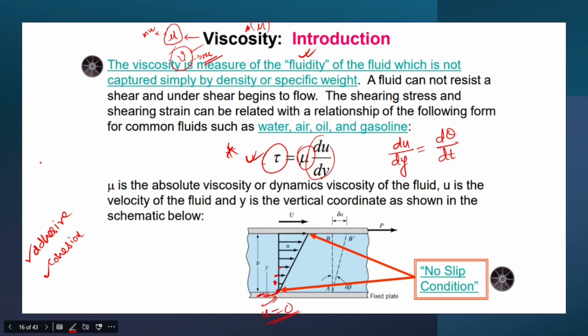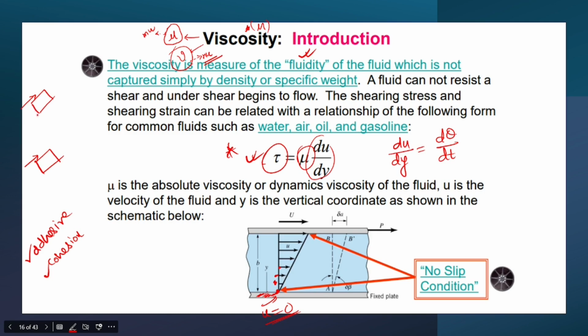I have already discussed what a fluid is. In a fluid, no matter how small your tangential or shear force is, there will be a deformation. But in case of a solid, this statement is not applicable.